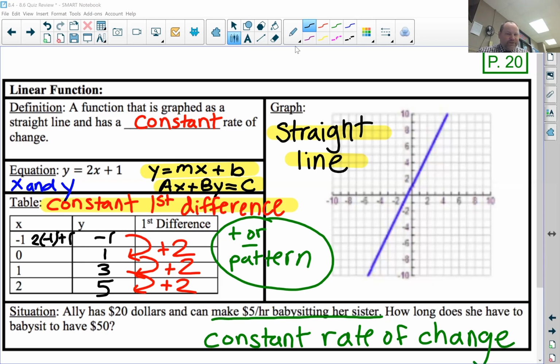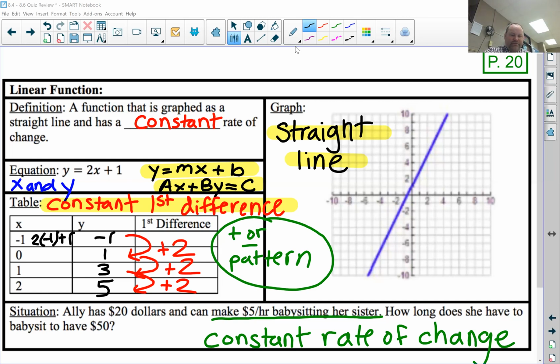If we look at a table of values, the y values change by a constant or consistent sum or difference. So for instance, for this table of values, we can find the first difference by taking a y value minus the previous. So 1 minus -1 is 2, 3 minus 1 is 2, 5 minus 3 is 2.